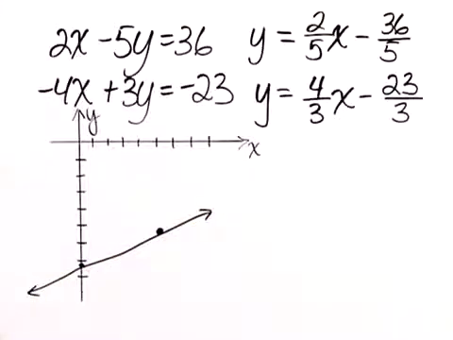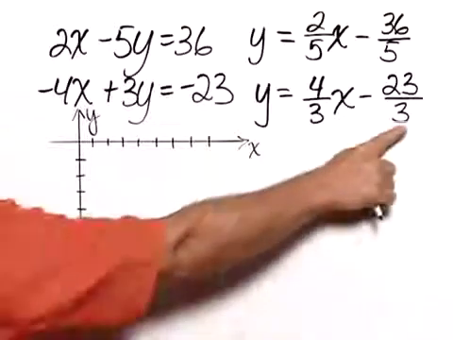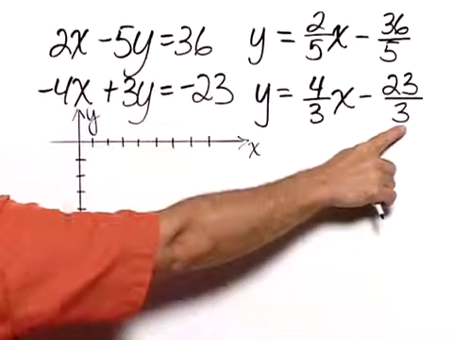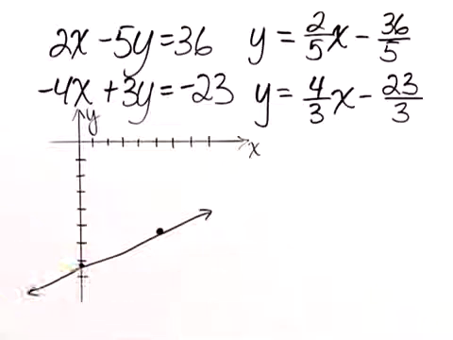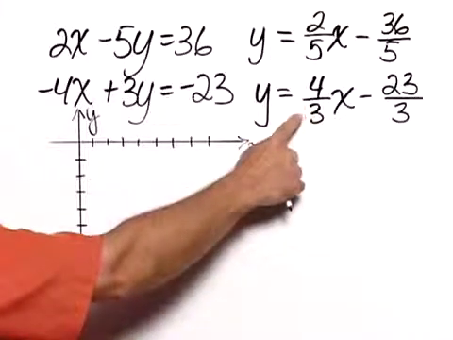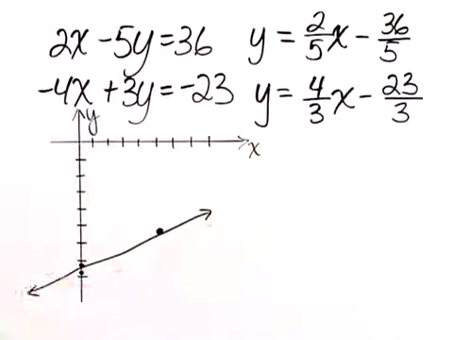Okay. Going to the second equation, we have a y-intercept of negative 23/3. If we divide the 3 into the 23, we find that as a mixed number to be equal to 7 2/3. Of course, it's negative 7 2/3, so that would be approximately there. The slope this time is rise over run, 4/3.